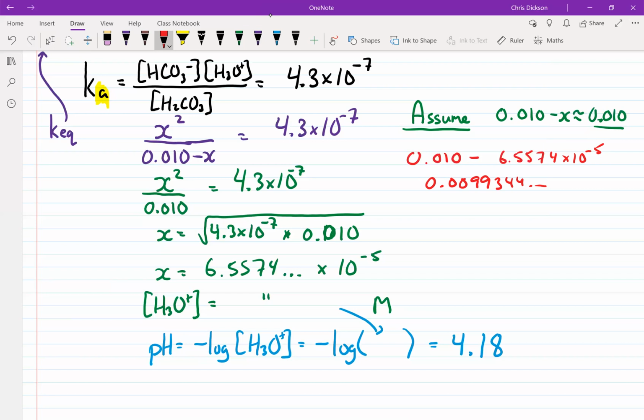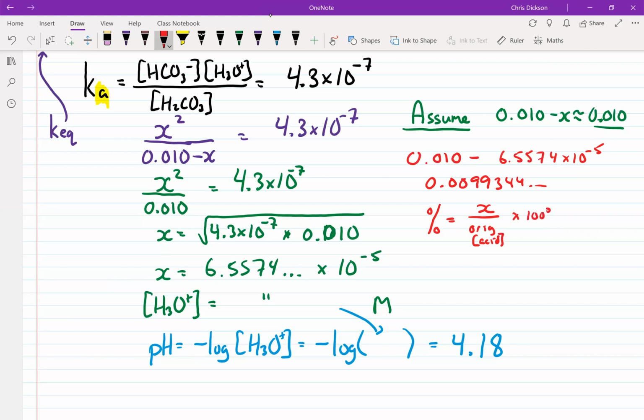I'm not going to test you on percent ionization, but if you wanted to find out what percent it actually ionized, then you could take the x value you got and divide it by the original concentration of the acid and times that by 100%.